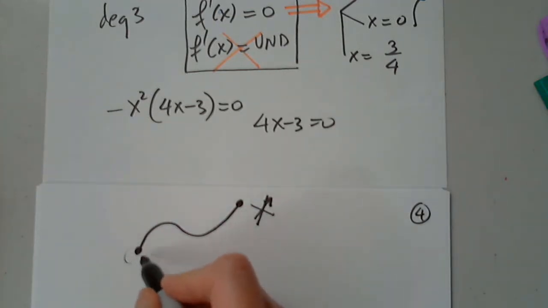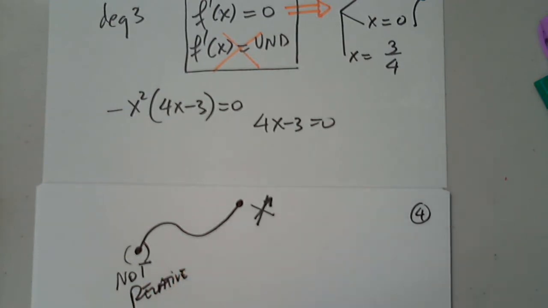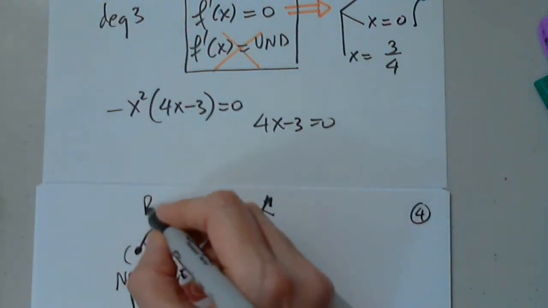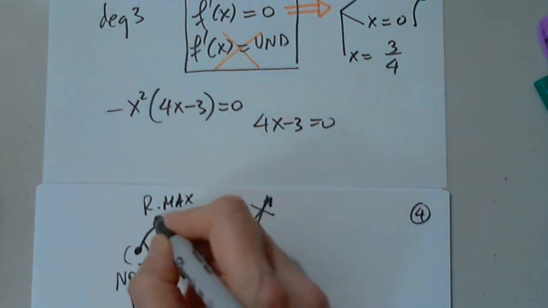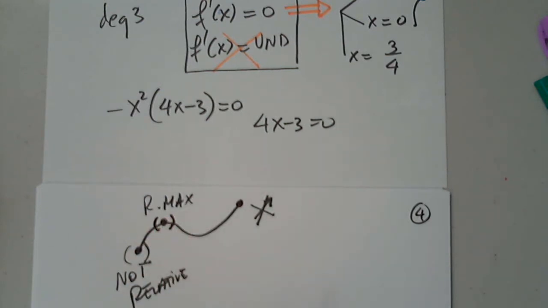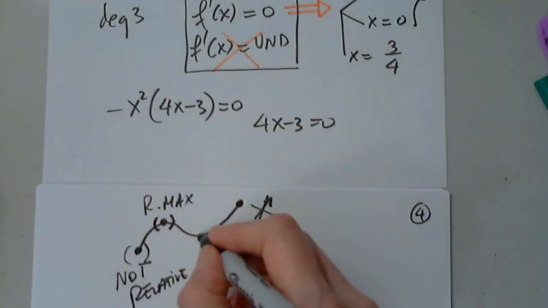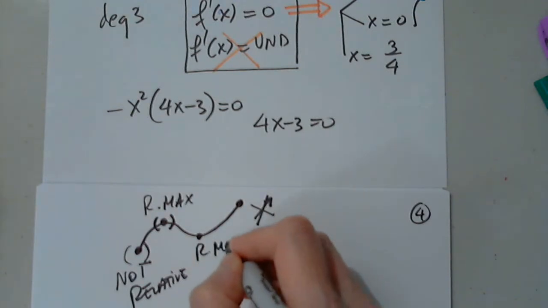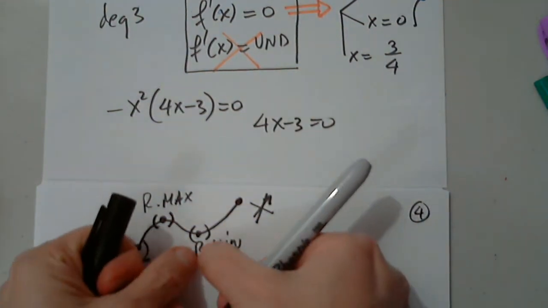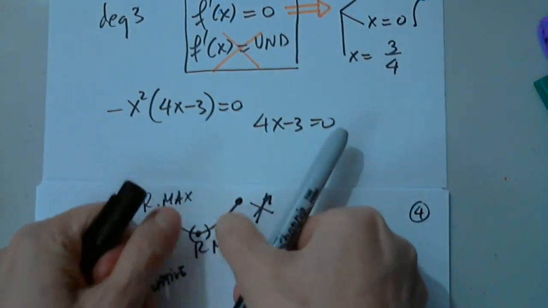So because here I cannot show the open interval, this cannot be a relative. This one is a relative max because the function exists on both sides and all function values are smaller than that one. Same thing here. It is a relative min because I can show the function and the function values are bigger than this one.